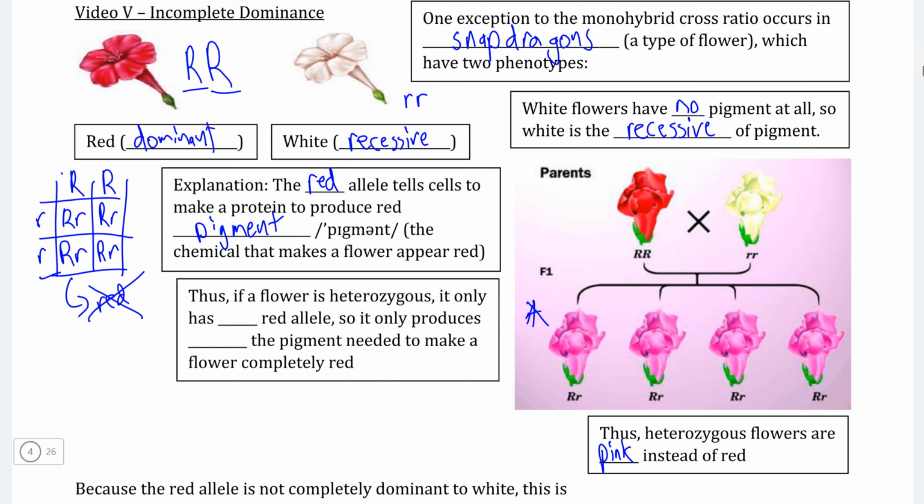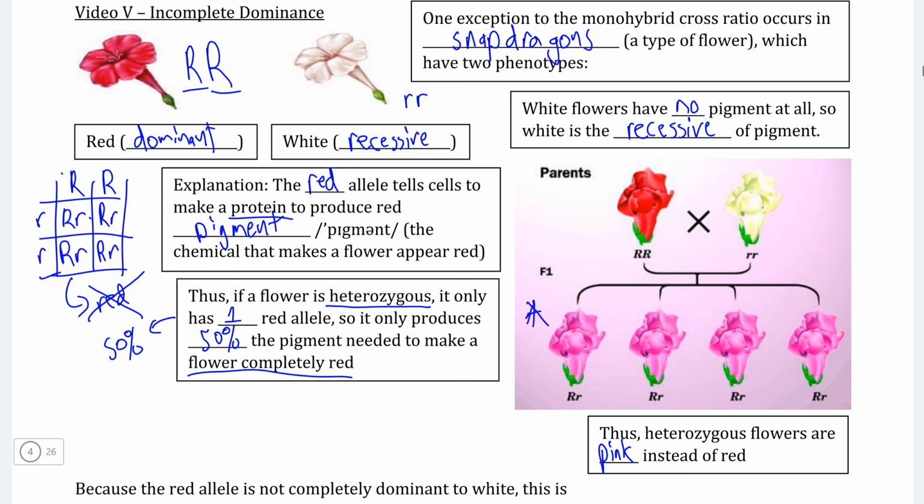Because of the fact that the dominant allele codes for this protein that produces the pigment that ultimately turns the flower red, if a flower is heterozygous in terms of the genotype, it only has one red allele, which is only 50% of the number of alleles that are necessary in order to turn the flower a full red color, which means that only 50% of the protein that produces this pigment is produced, which is not enough in order to turn the flower completely red.